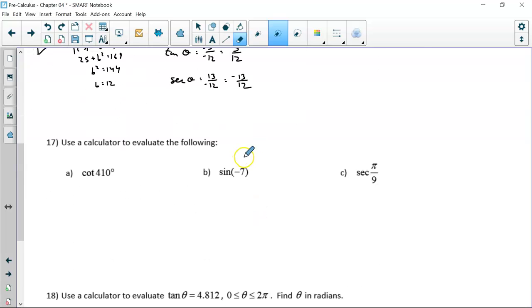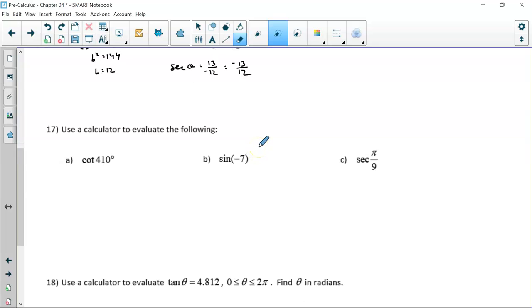Now we're just going to use a calculator to verify these. The first one, you need to be in degrees. Since your calculator doesn't have a cotangent button, it's 1 over the tangent of 410. When you do that, you're going to get about 0.8391. The next two are in radians.